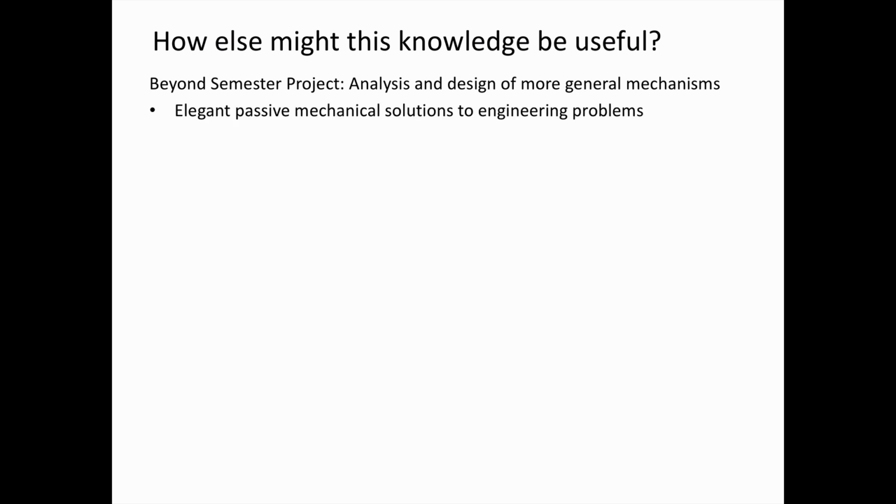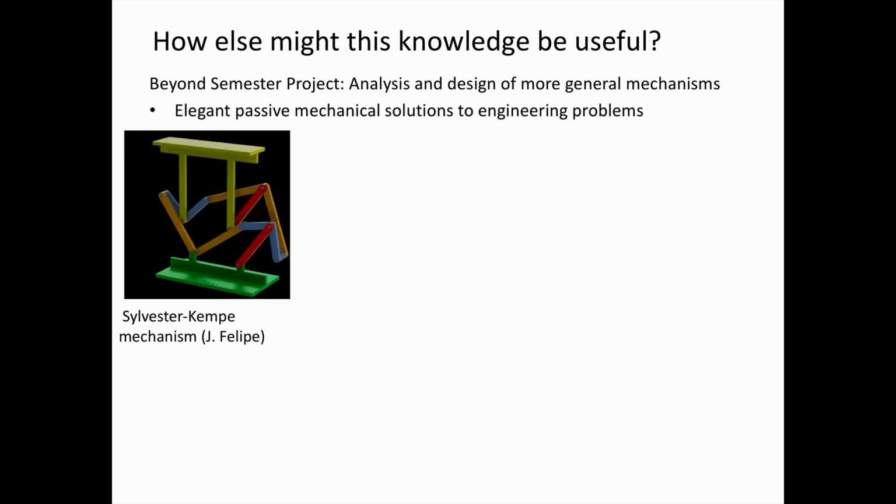So besides this project, how else might this knowledge be useful? It helps to understand how to analyze and design more general mechanisms. Often it's very helpful to be able to come up with elegant solutions to engineering problems where we use passive components, such as mechanical components, to solve some kind of engineering problem.